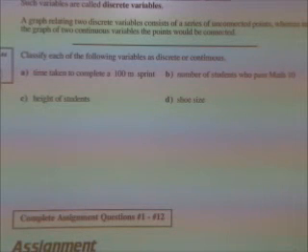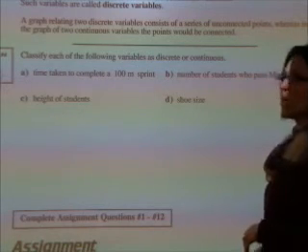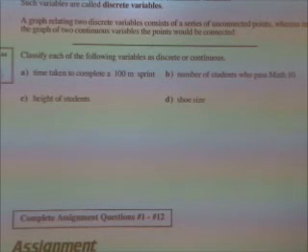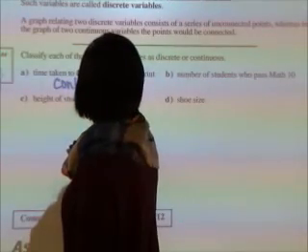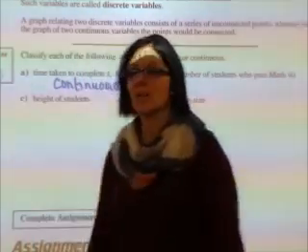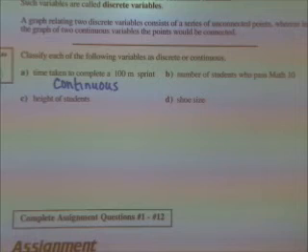Classify each of the following as being discrete or continuous. The time taken to complete a 100-meter sprint. Continuous. Because it is possible to have 3.2 seconds or 9.856 seconds. Again, the only limiting factor is the measuring tool itself.